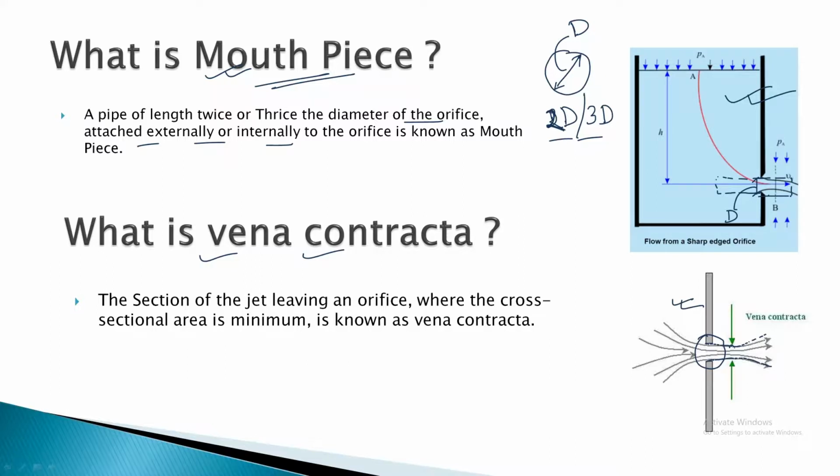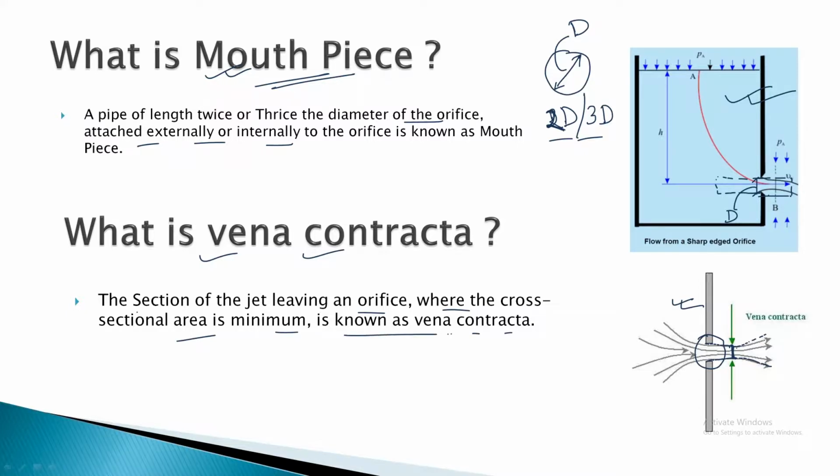Now at that particular section where the area of cross section of the jet, this is actually the water jet, you can see the section of the jet leaving an orifice where the cross-sectional area is minimum is known as the vena contracta.